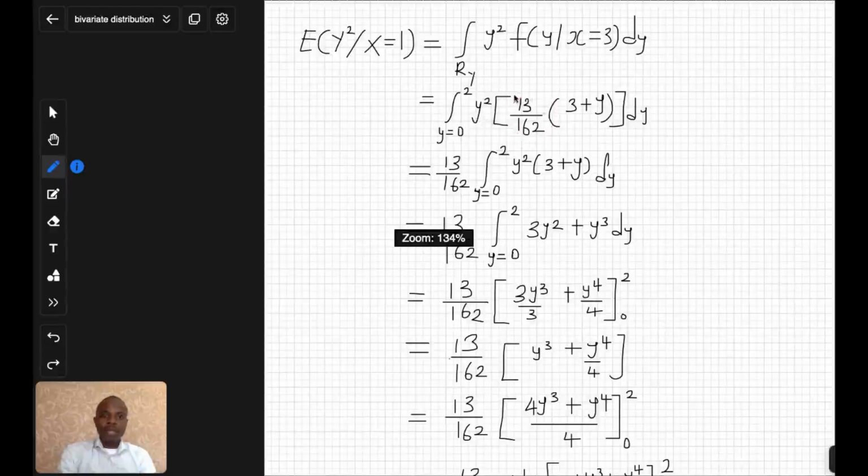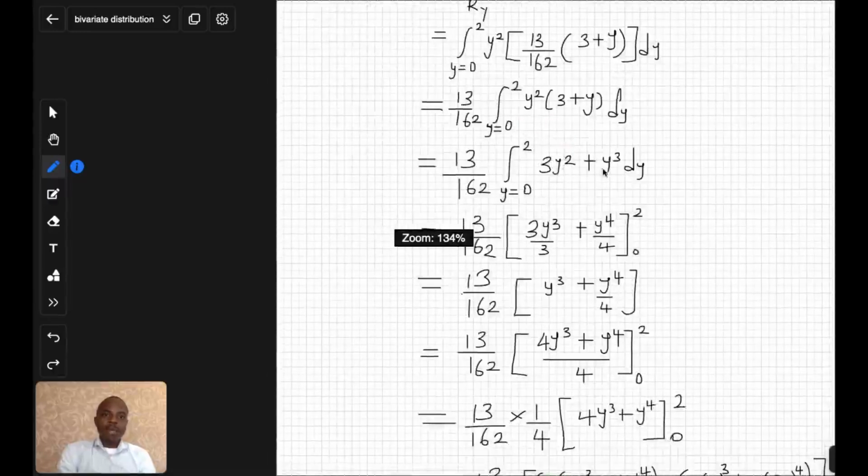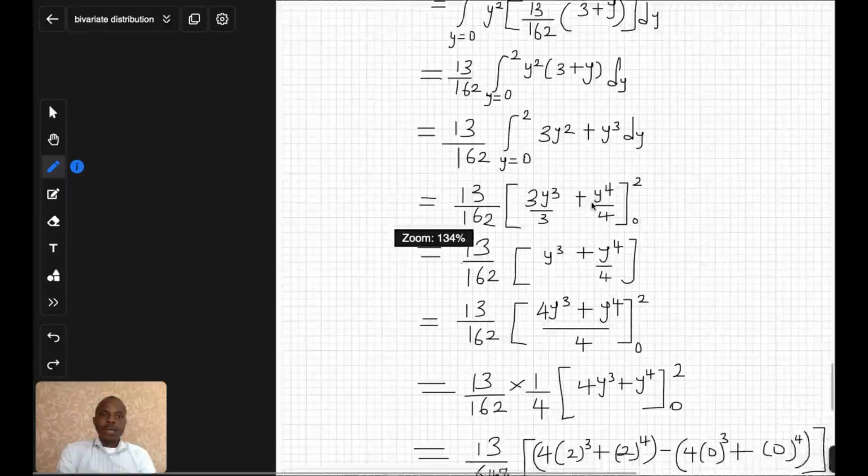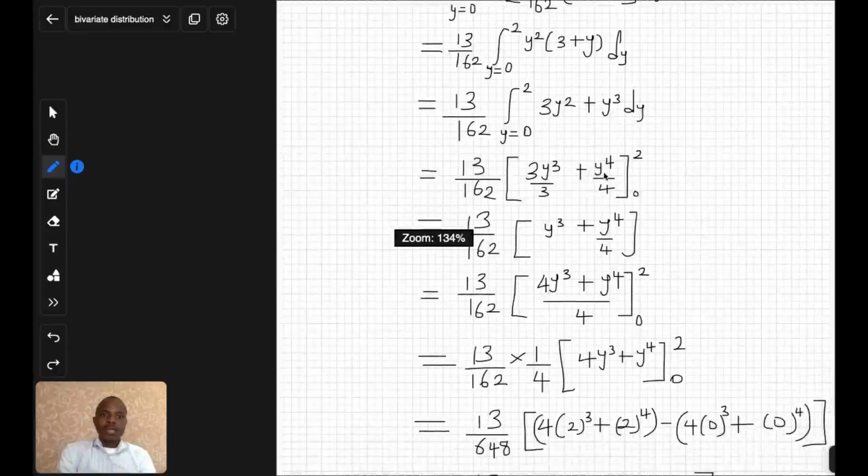This goes outside, and then y squared comes in to multiply. Then you get 3y squared plus y cubed. And then when you continue, you integrate this, it becomes 3y cubed divided by 3 plus y raised to the power of 4 divided by 4.